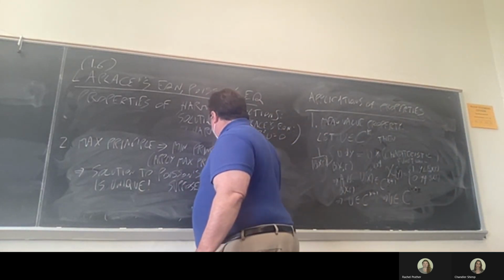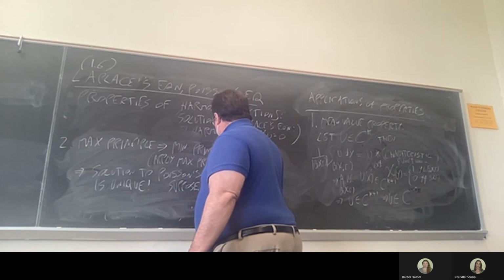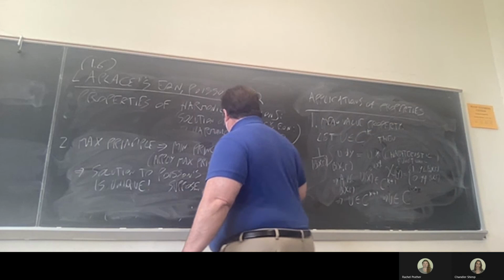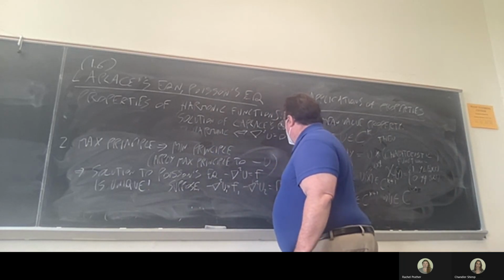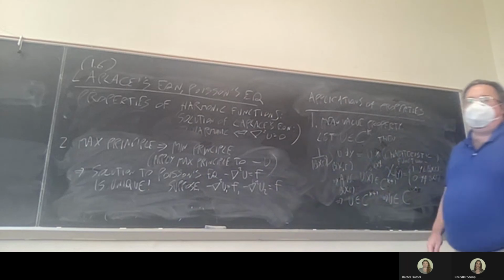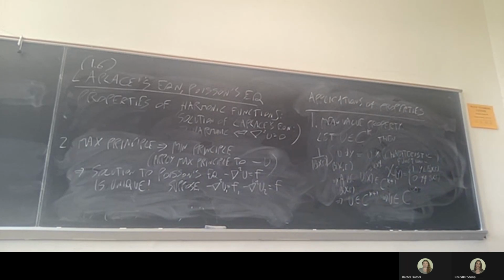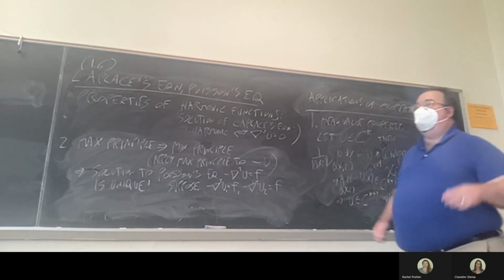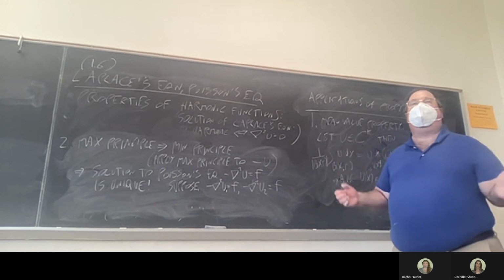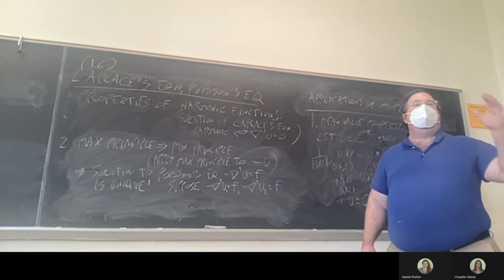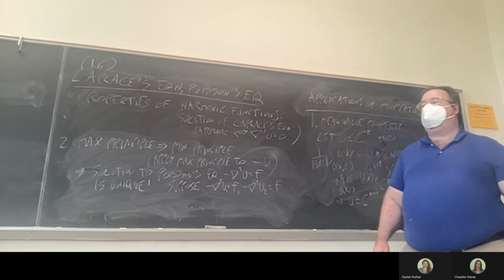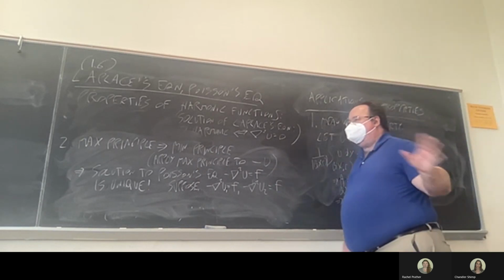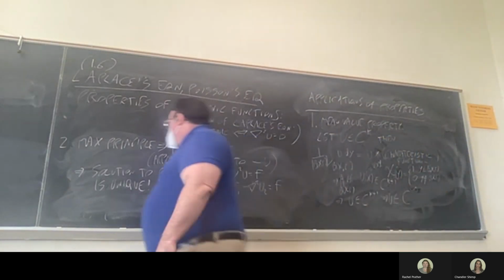Suppose we have two solutions. So my Laplacian of u1 is equal to f, and my Laplacian of u2 is also equal to f. To prove uniqueness of a solution to whatever problem, you examine the difference. You assume there are two solutions, and you examine their difference. That's just a standard template for uniqueness proofs.